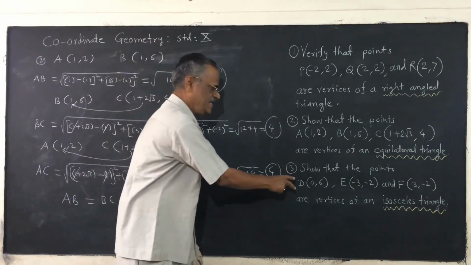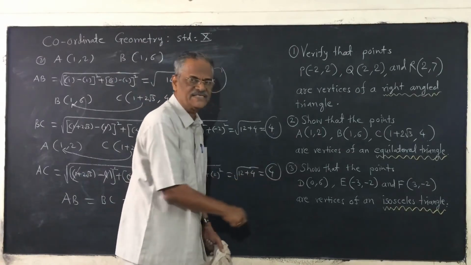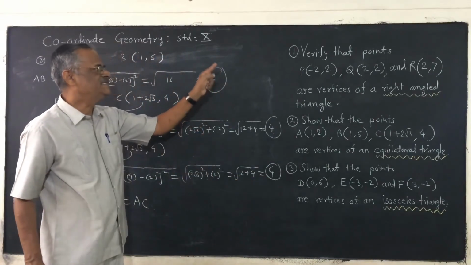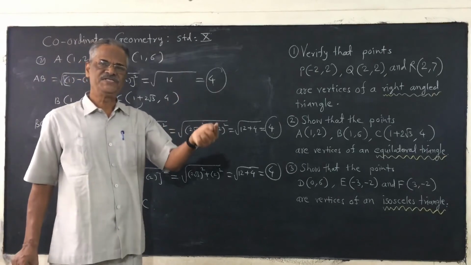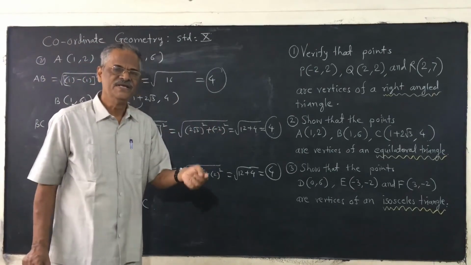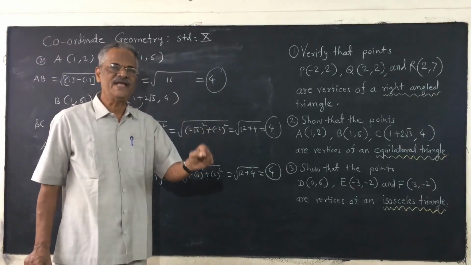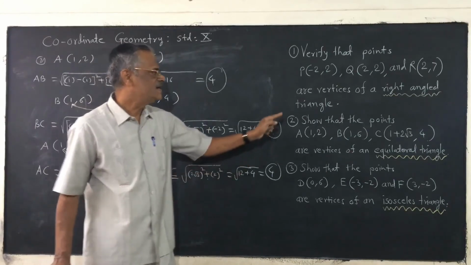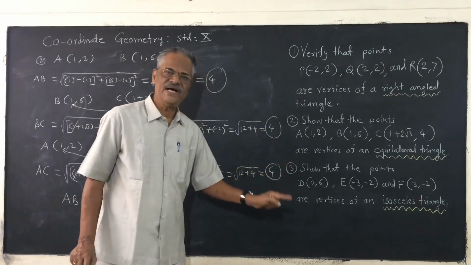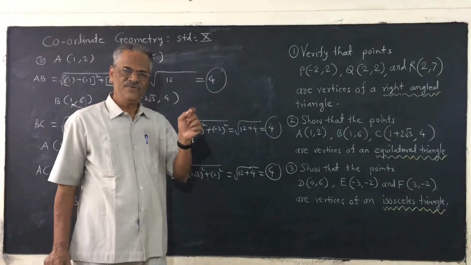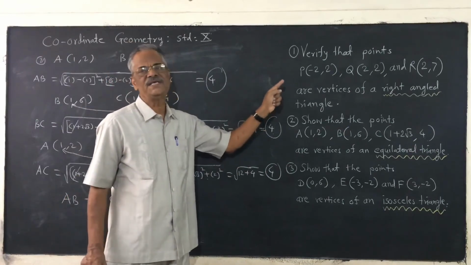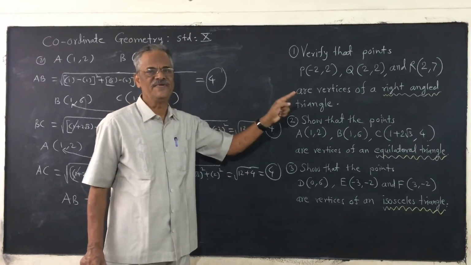So this is the example given for your practice. So this is the set, this is the group. When 3 points are given, coordinates are given, to decide whether the given triangle is a right angle triangle or equilateral triangle or isosceles triangle, you must know the properties of each type.